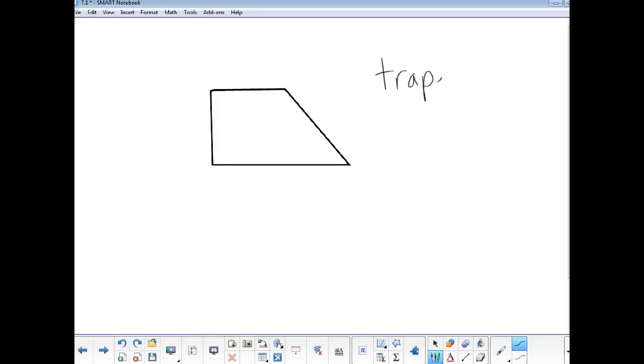Here's the spelling of trapezoid. In a trapezoid, one set of opposite sides are parallel, and the others are not.